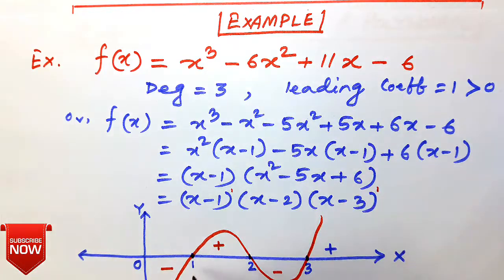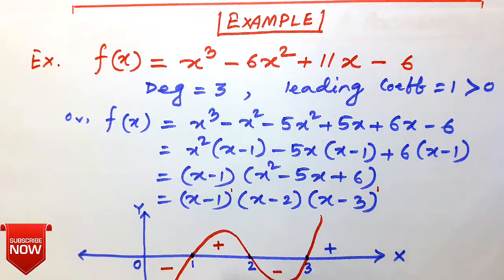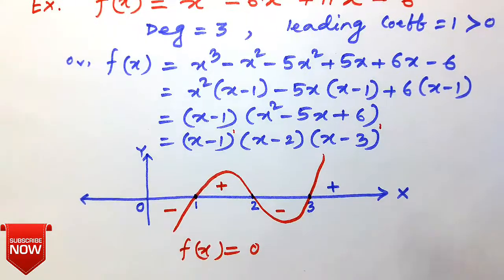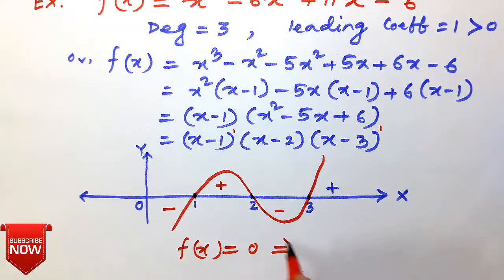See that the first end is in the downward direction and the last end in the upward direction, and it cuts the x-axis in 3 distinct points. So if you have been given f(x) is equal to 0, then the solutions are respectively 1, 2 and 3, and these 3 values are real and distinct.